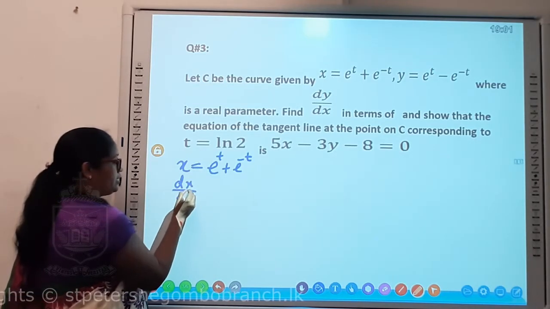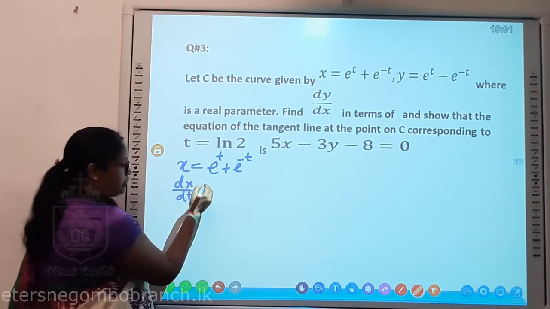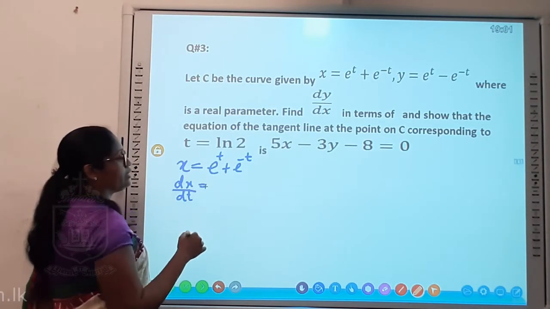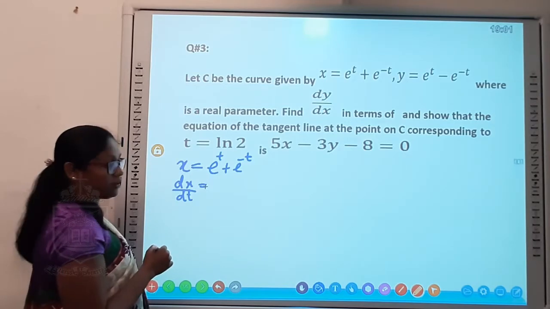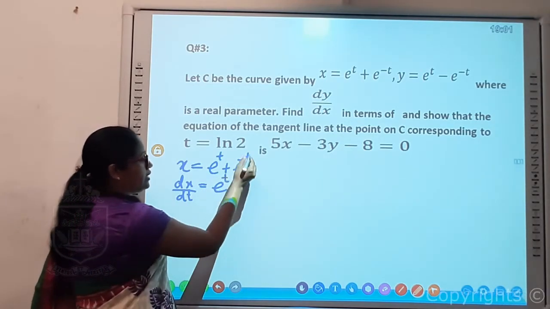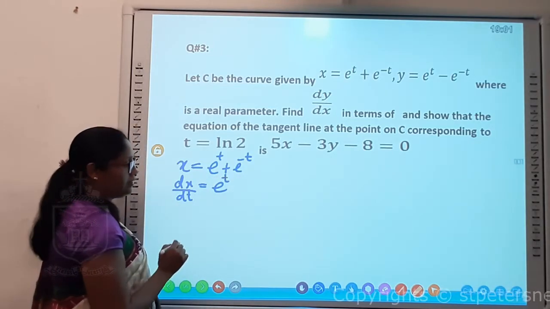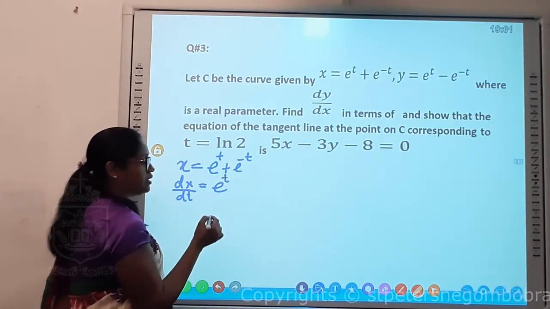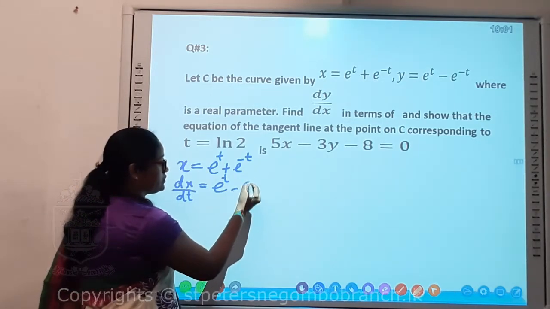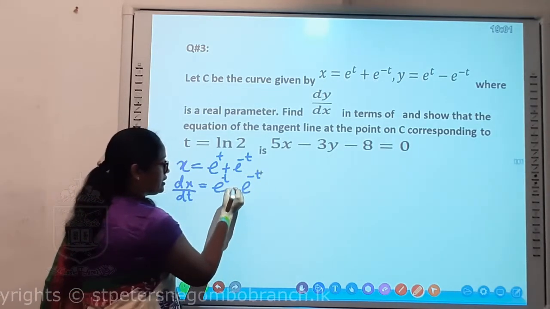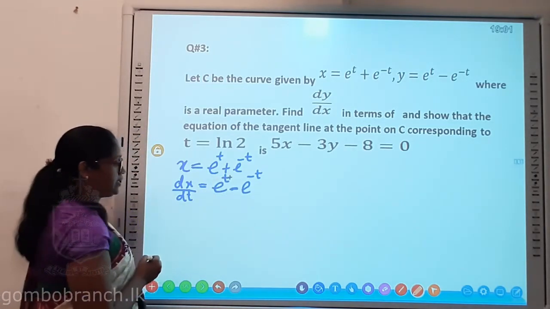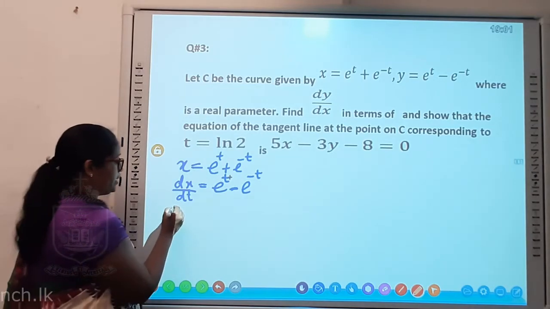dx over dt. Directly we can't find dy over dx, so first we have to differentiate with respect to the parameter. The derivative of the exponential function gives the same answer, that is e^t, and then here e^(-t). First we have to differentiate the power, so minus e^(-t). This is the way we can find the derivative of x, and then we take y.